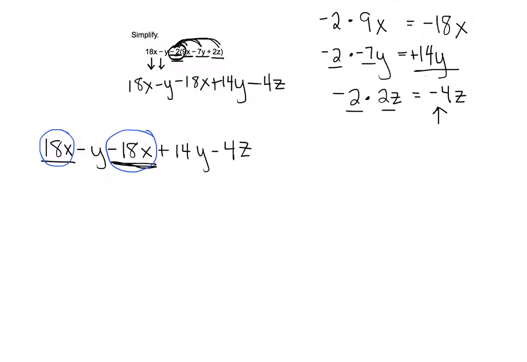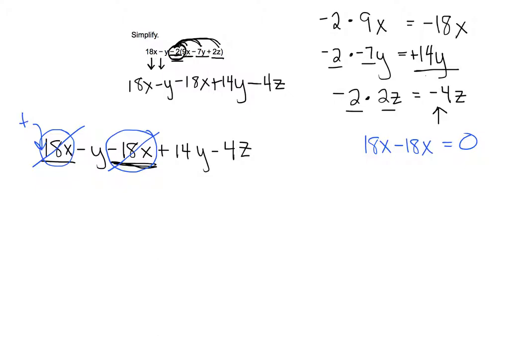Remember, you always take the sign with it. If there's not a sign in front of it, then it's automatically positive. So 18x minus 18x is 0. So that means that these terms just canceled out. They went away.